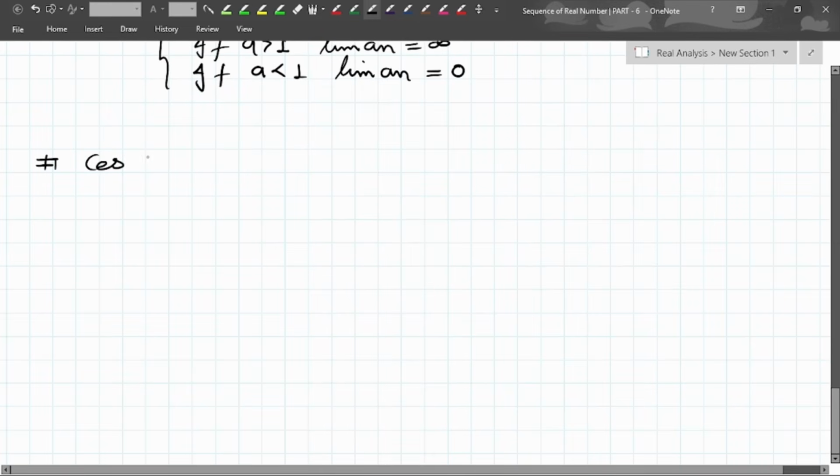Cesaro's theorem. What is the statement of this theorem?